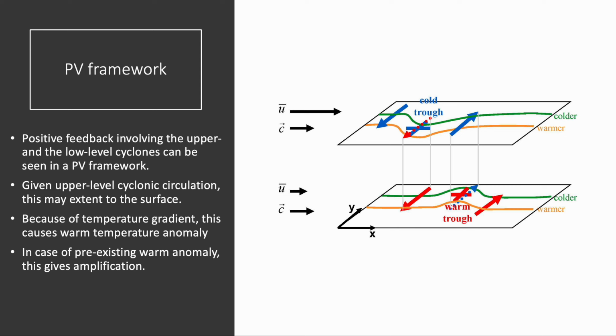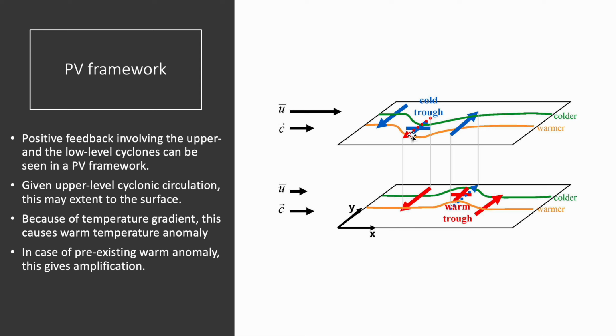We could start by considering an upper level PV maximum over here, typically associated with this cold trough and a cyclonic circulation. Now, assuming that the static stability is not so strong, this trough will extend pretty low in the troposphere, potentially even going all the way to the surface.